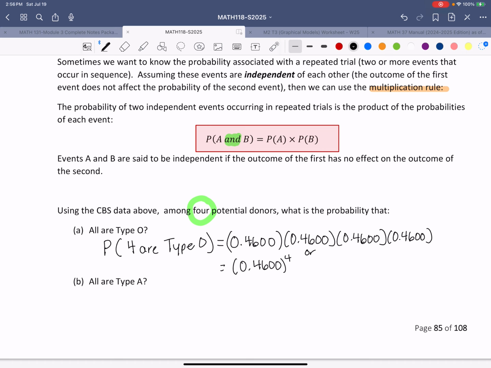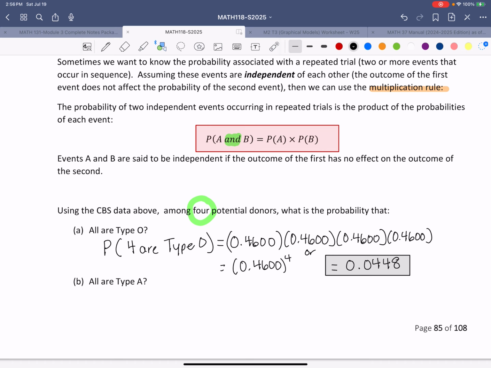And what we end up getting as a final answer, again, rounded to 4 decimal places, should be 0.0448. So notice how this probability is getting closer and closer to 0 because it's more and more unlikely that every person is going to be type O, right? So the chances of that happening become less and less, which means our probability goes down.